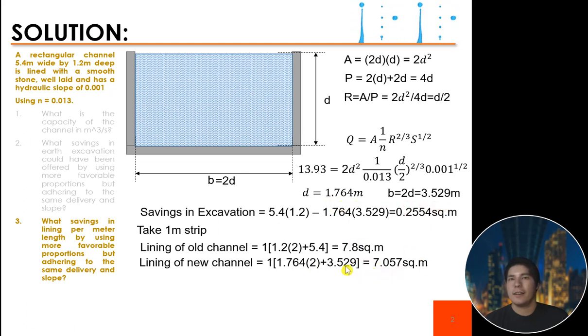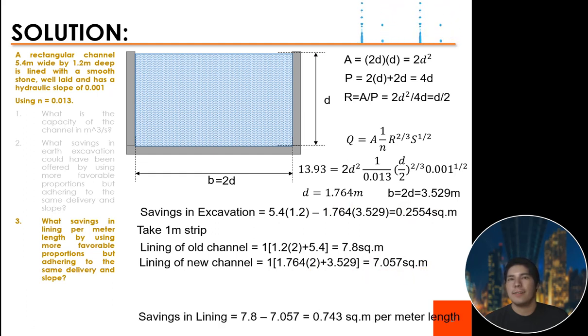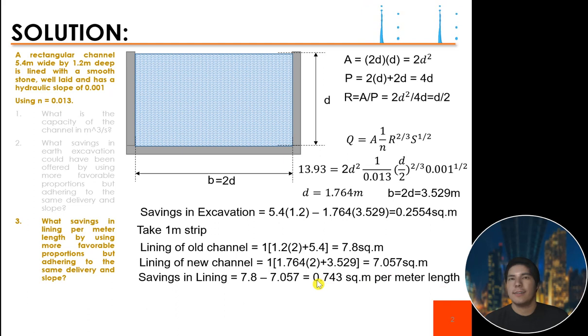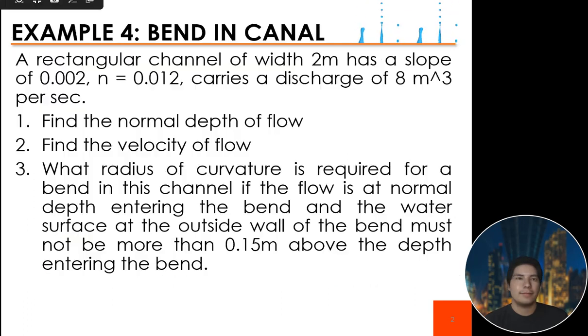Ito yung makukuha natin na value per 1 meter strip, di ba? So, bali yung savings mo in lining is 0.743 square meter per meter length. So, imagine that one. Imagine a 10 kilometer length ng channel mo, no? That's a lot of savings na imong makuha. So, makita ang importansya sa most efficient sections.